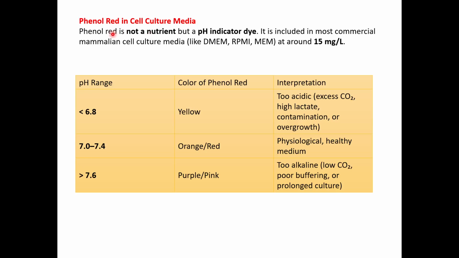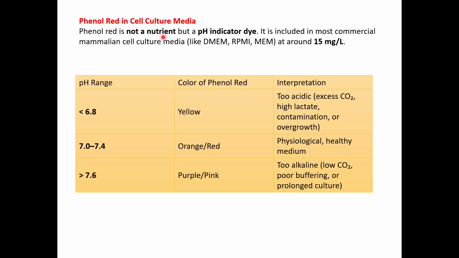So there are also media available without phenol red, and also if you want to do certain assays in which phenol red might interfere with your detection, if it's a colorimetric detection, or if you want to do some sort of imaging where you think the phenol red might interfere, you can definitely buy a media which is free of phenol red. It is equally good as your phenol red media, but the only thing is you cannot visually see if there is any change in the pH.